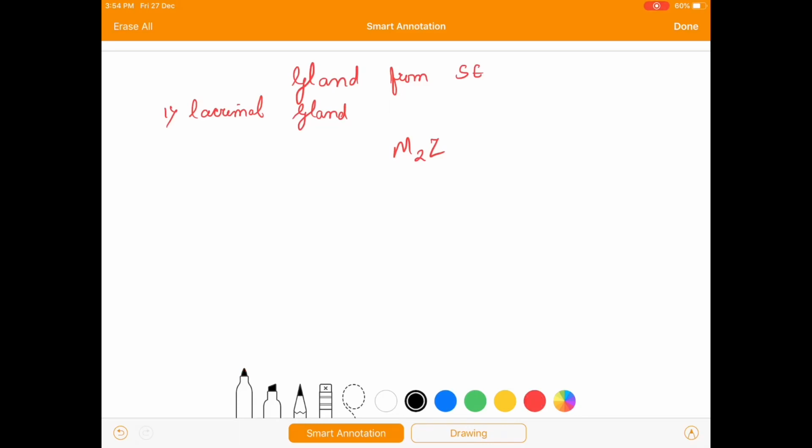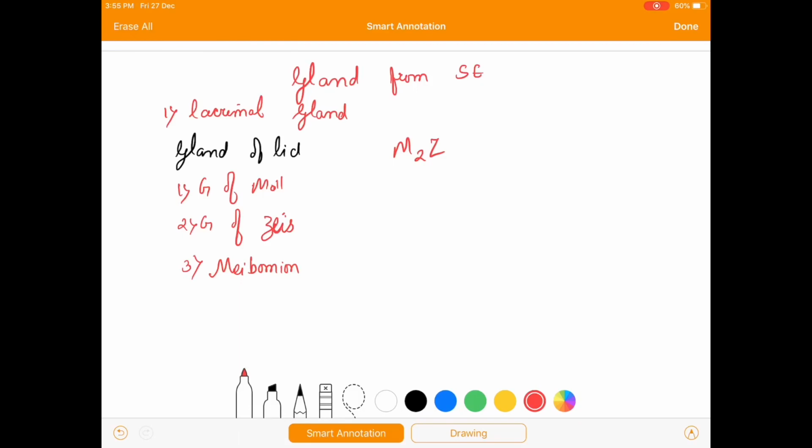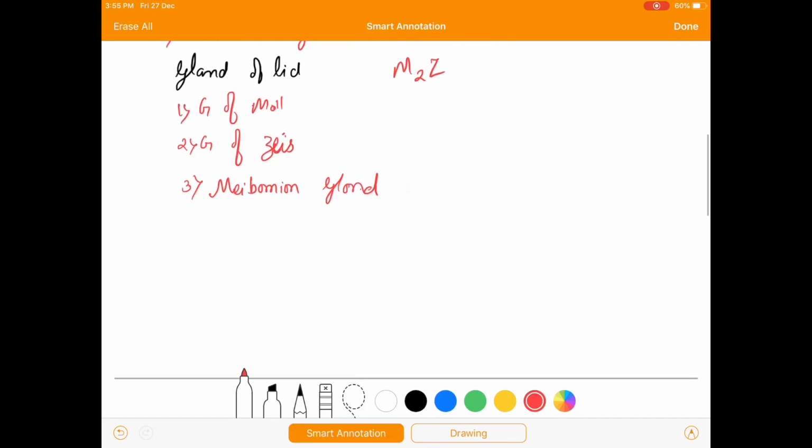So let me put the heading as glands of lid. So the first is gland of Moll, second is gland of Zeis, it should be S, not Z, and the third we have the Meibomian gland. All these are the glands of lid.